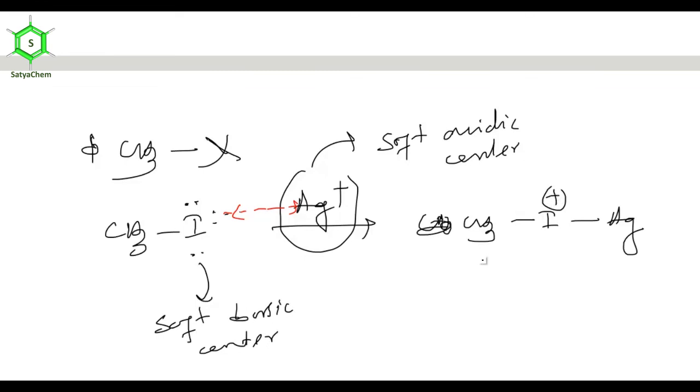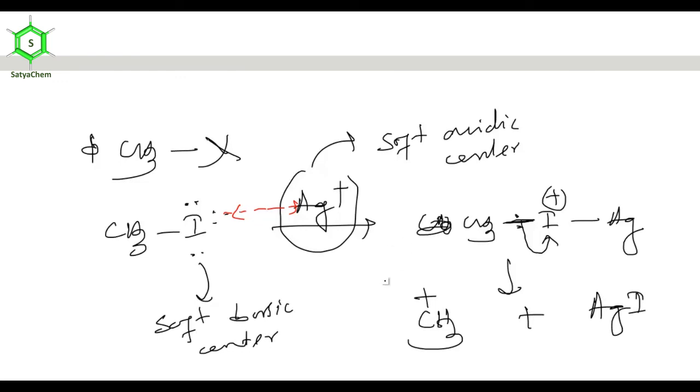So iodine wants to be neutral because iodine is electronegative, so it becomes neutral after taking up this bonded electron pair. Then you will get CH3 plus and AgI.